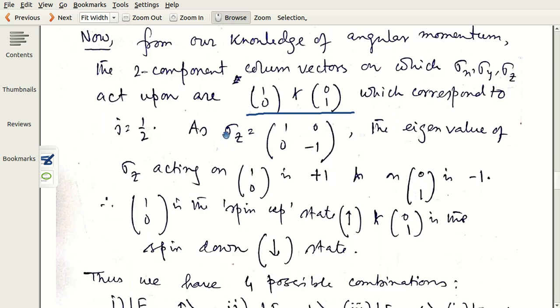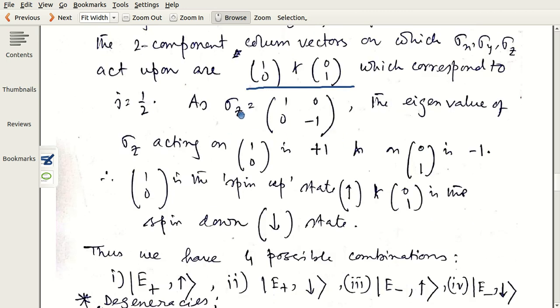Just a recapitulation, these column vectors, eigenvectors, corresponded to the j equal to half case, where only the spin half of the particle was considered, and sigma z equals 1 0 0 minus 1. This is our form of sigma z.